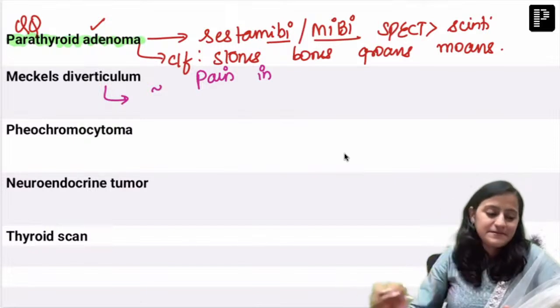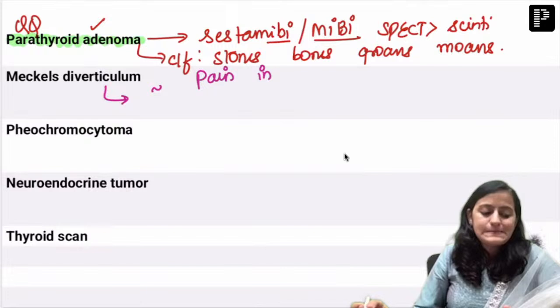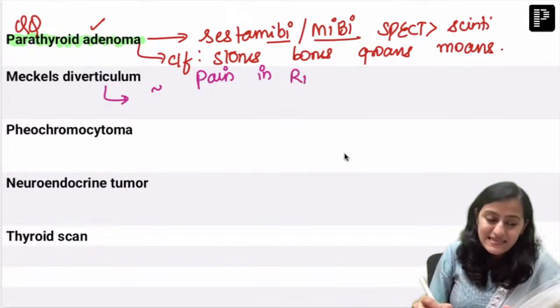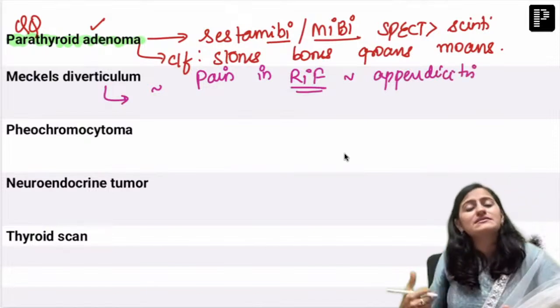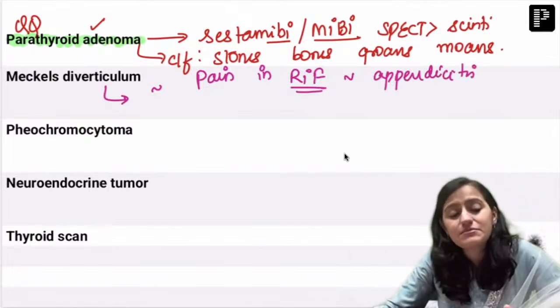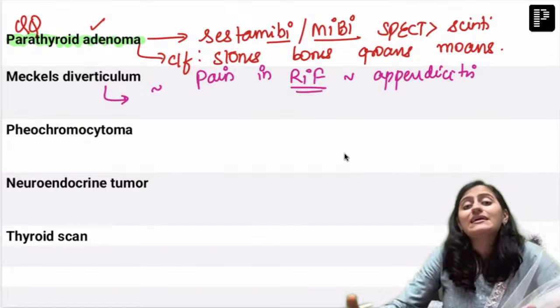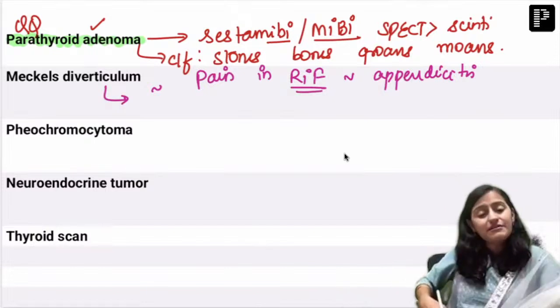Yes, very good. It is the right iliac fossa, RIF, similar to appendicitis. So remember that Meckel's diverticulitis clinically presents very similar to appendicitis, with RIF pain, because it is in the right iliac fossa.